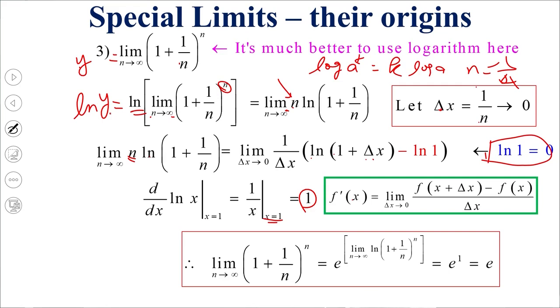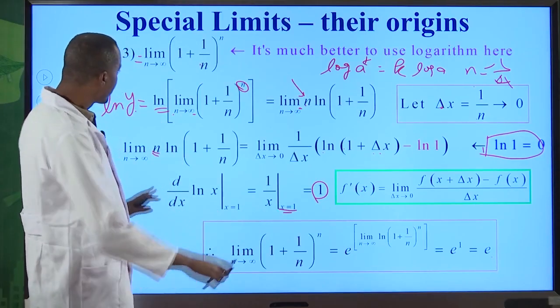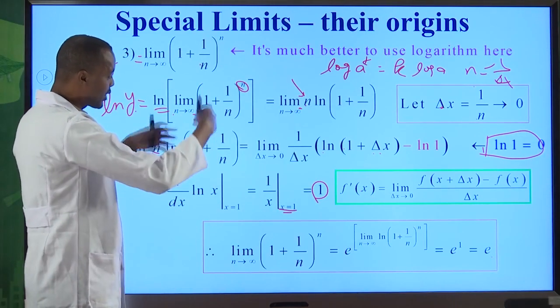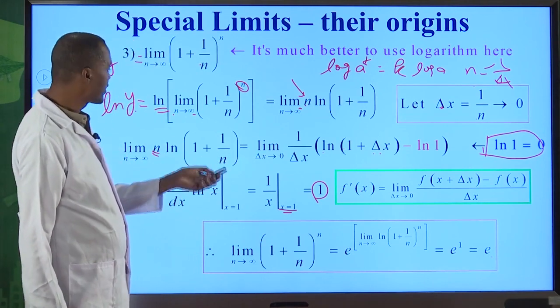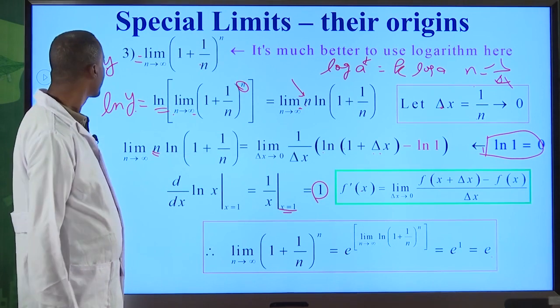Now e to the power of my final answer, that is 1. E to the power of 1 is simply equal to e. That is the way we derive this formula. And try to exercise by yourself until you are able to manage deriving this special limit by yourself.